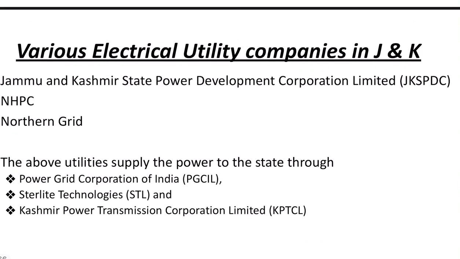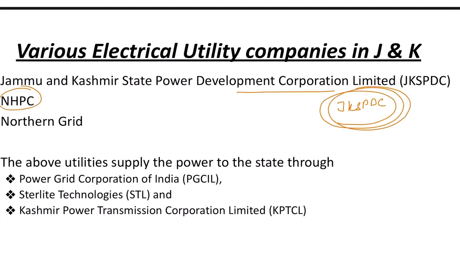And lastly, before we conclude, the various companies that provide electricity, the major utility companies in J&K. This is the J&K State Power Development Corporation, JKSPDC. These are the power producers.